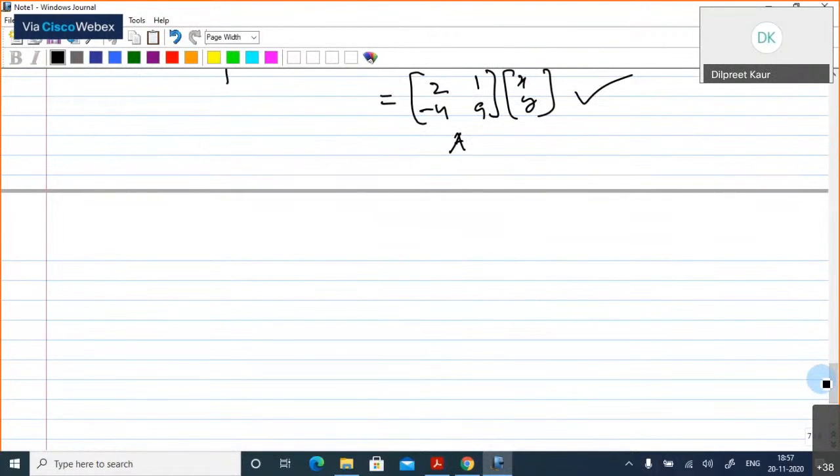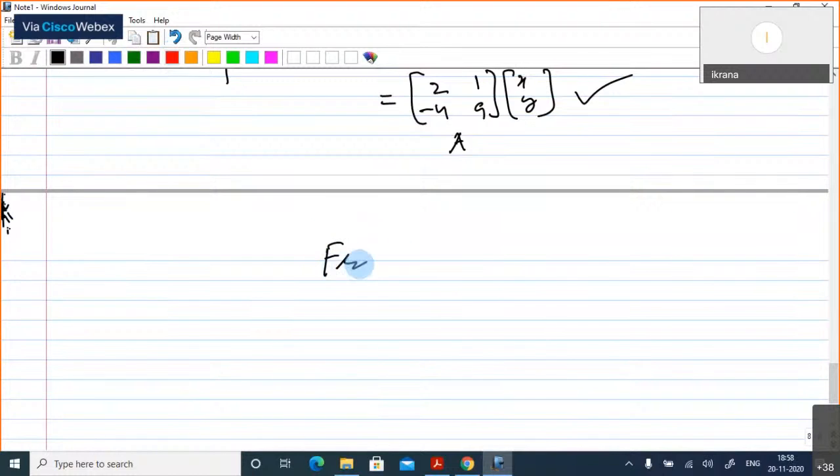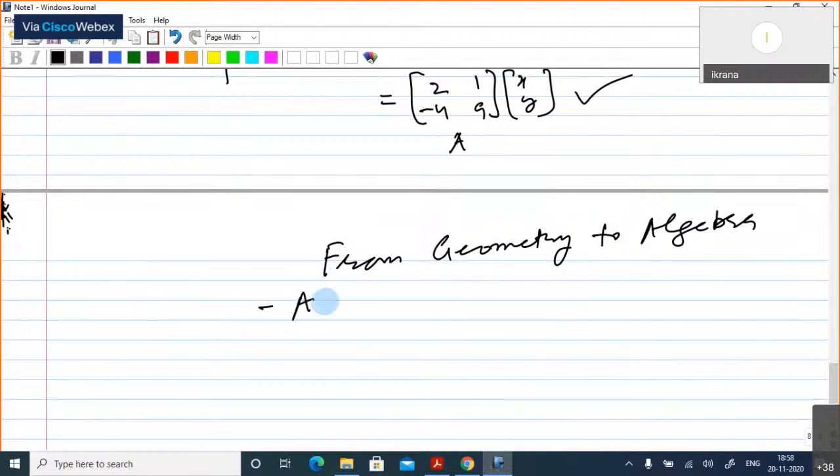But let me, this may sound like self-publicity, there is a book called From Geometry to Algebra: An Introduction to Linear Algebra.